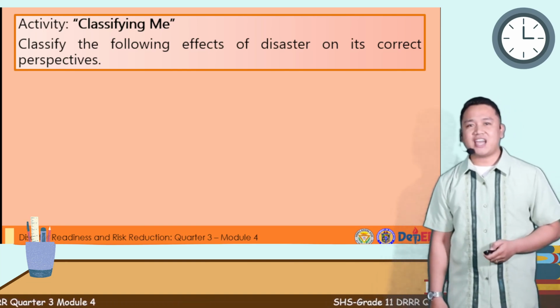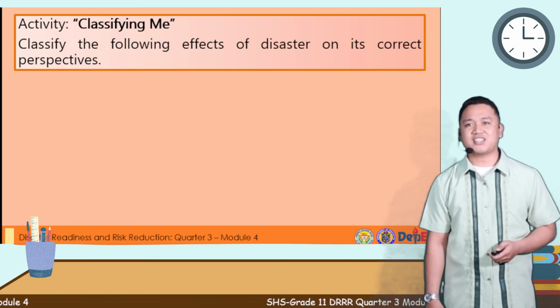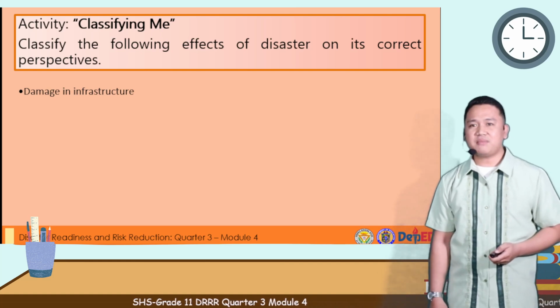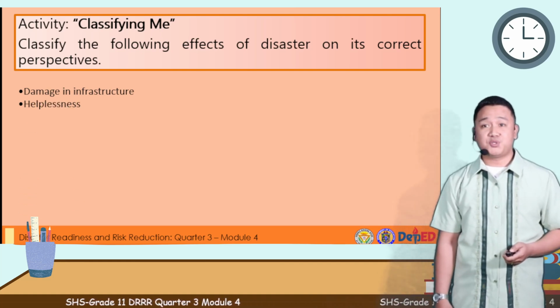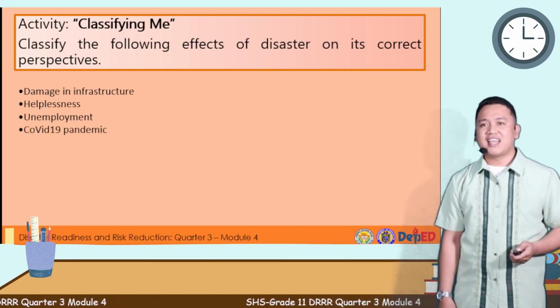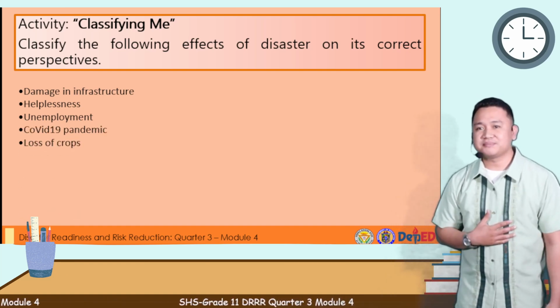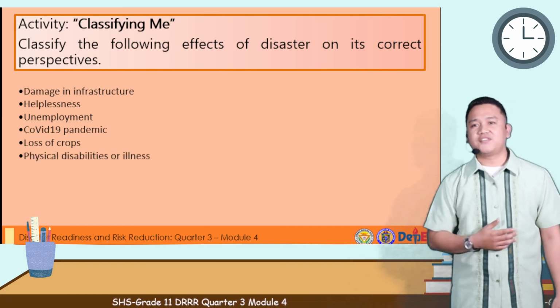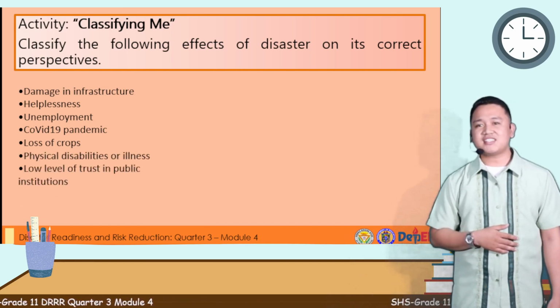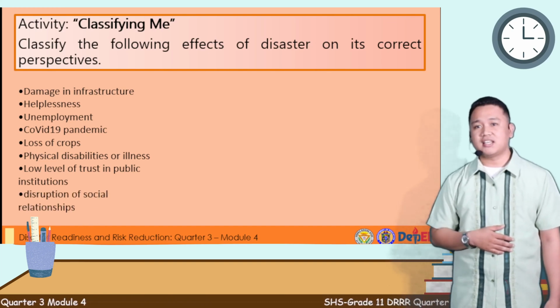Classify the effects of disaster on its correct perspectives. Number 1, damage in infrastructure. 2, helplessness. Unemployment. COVID-19 pandemic. Loss of crops. Physical disabilities or illness. Low level of trust in public institutions.